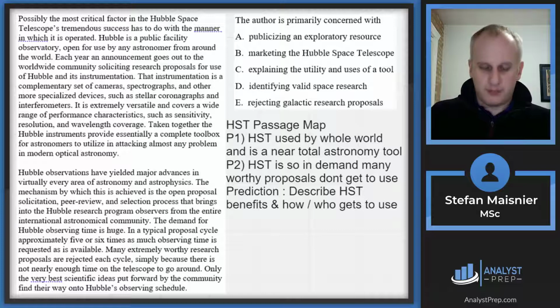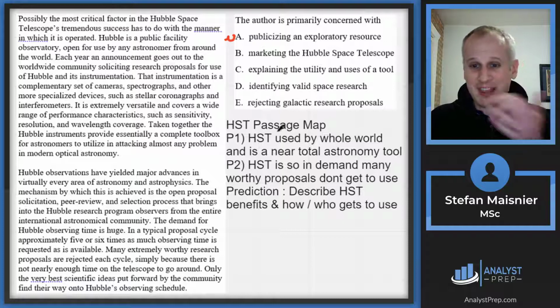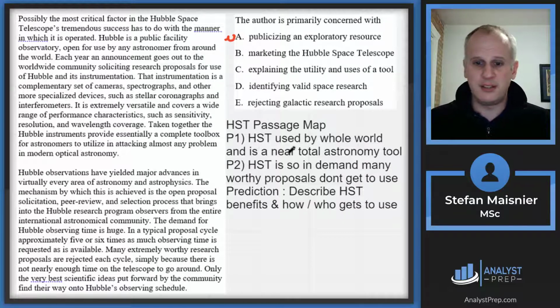So, comparing against our prediction, publicizing an exploratory resource. And obviously that resource is the Hubble Space Telescope. And I might say, we might hold this just because it seems vaguely relevant, vaguely similar. It's not perfect. It doesn't really talk about the benefits and how and who gets to use it.